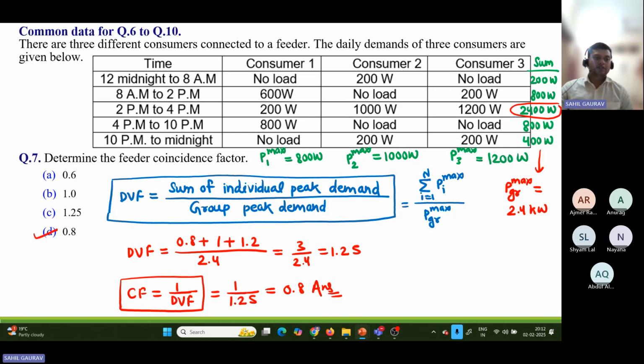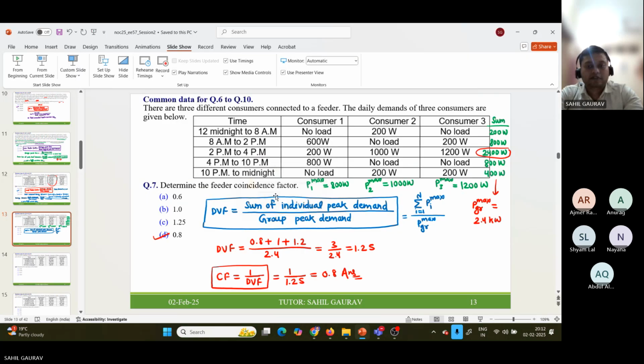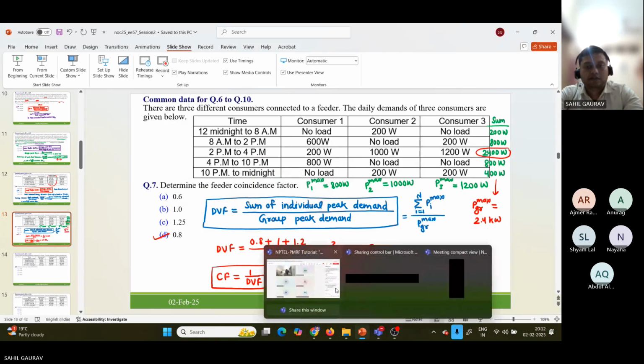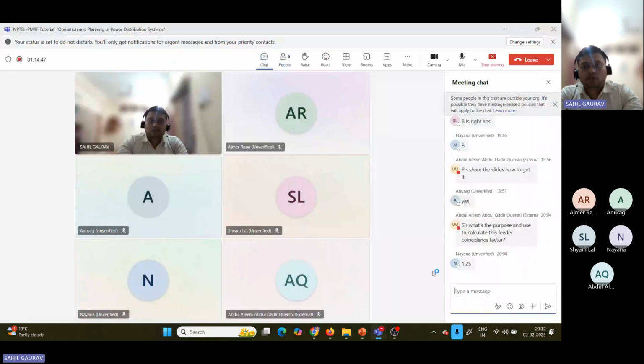So D is the correct answer. So Abdul, are you able to know the significance of coincidence factor and diversity factor? This coincidence factor we are seeing to see the load behavior.